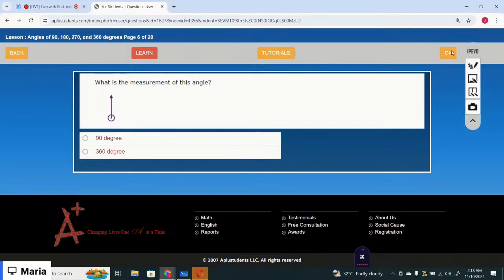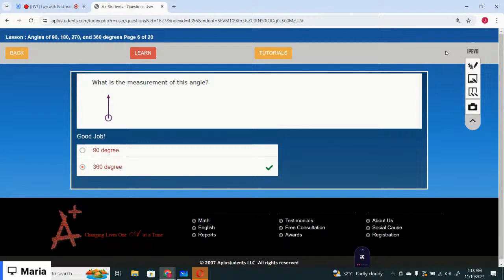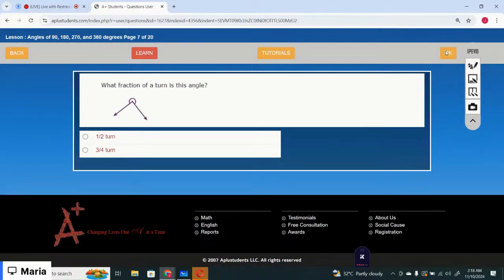That's a complete turn. So that is 360 degrees. Option number two is the correct option. What fraction of a turn is this angle, which is the correct option?